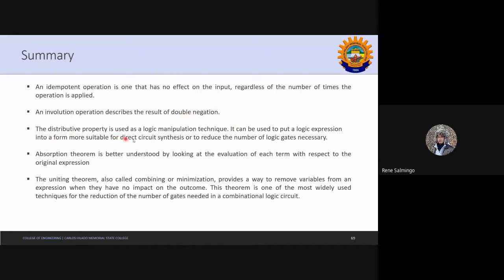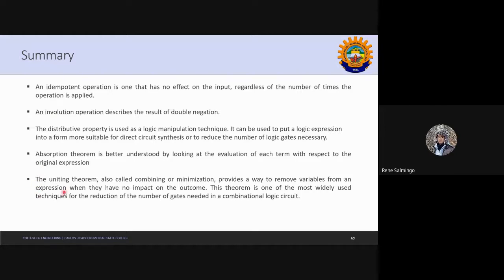Distributive property is used as a logic manipulation technique. It can be used to make direct circuit synthesis to reduce the number of logic gates necessary. Absorption theorem is better understood by looking at the evaluation of each term with respect to its original expression, especially if it has the same variable.